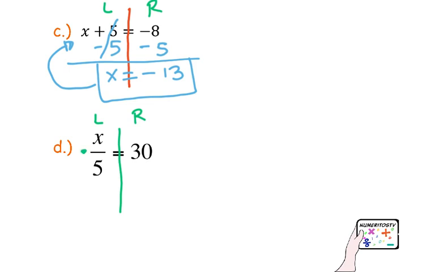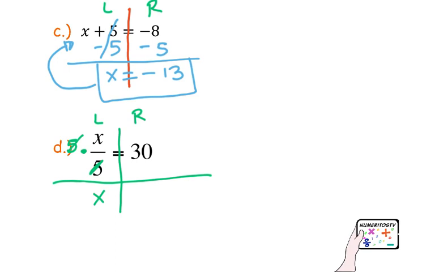If I multiply by that same number 5, these two simplify to 1x, and that's the purpose. I want to leave that x by itself in the left side, right? 1x, but remember you don't need to write that 1.